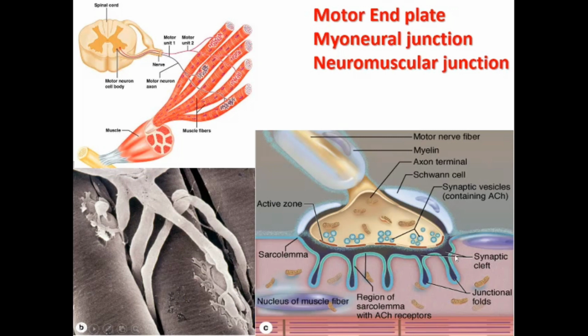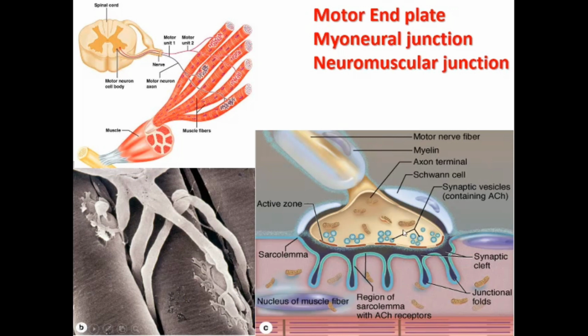Why? Because this cell membrane should provide enough receptors for the neurotransmitter. Usually the neurotransmitter in the muscle is acetylcholine, so the postsynaptic membrane, or the muscle cell membrane, should provide enough space for a large number of receptors for the acetylcholine.